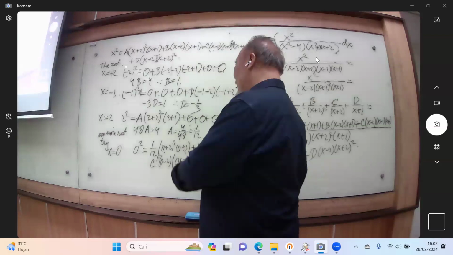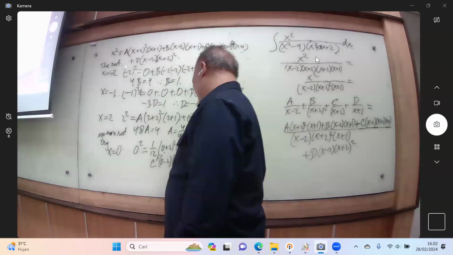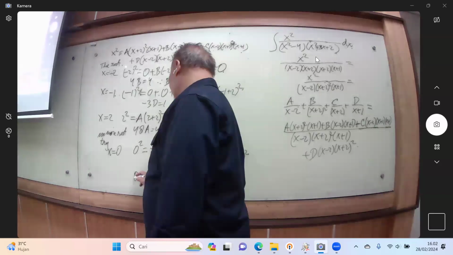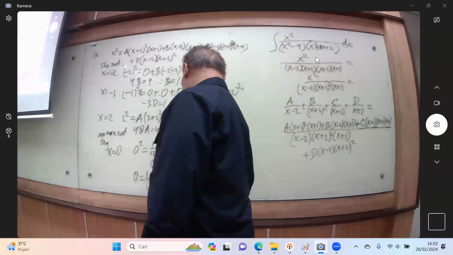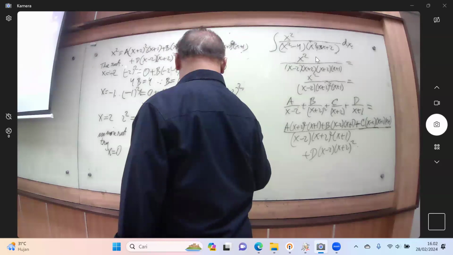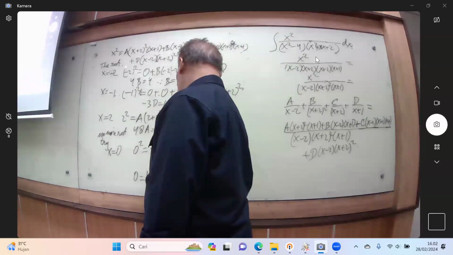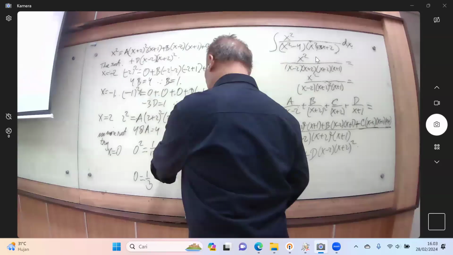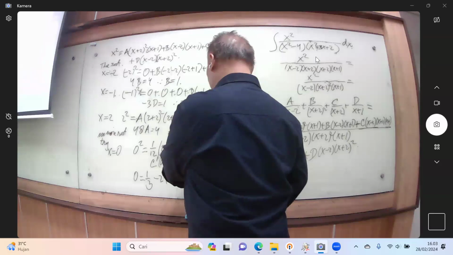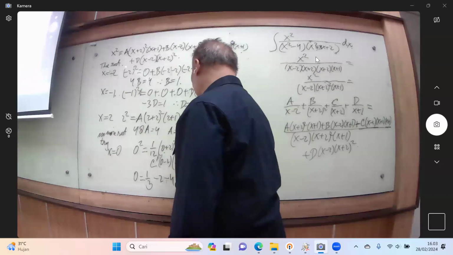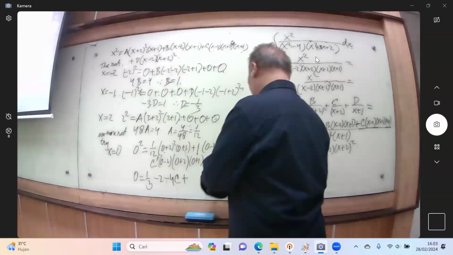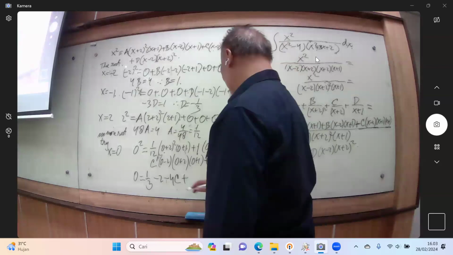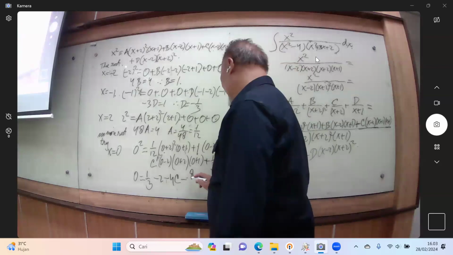Now we can find C because this one is 4. So 0 equals 1 divided by 3, plus minus 2 plus 1 is minus 2, plus C, minus 2 plus 2 minus 4 minus 1, so minus 4. Minus 4C plus minus 2 plus 4 minus 8, so minus 8 divided by 3.